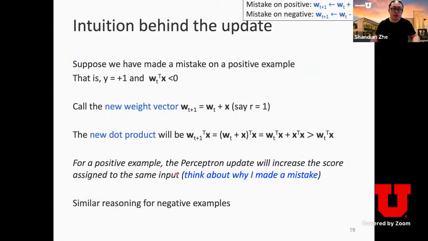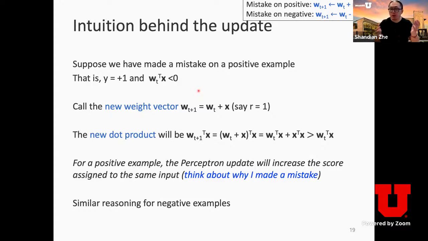Then we gave a very detailed analysis of why this updating rule makes sense. Essentially, it always helps to improve the model. If your mistake is made because your prediction score is too high, then after performing the update, your prediction score will be decreased so that you have a better chance to correct the mistake.